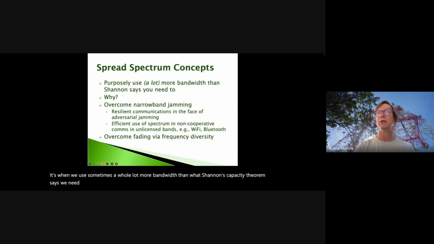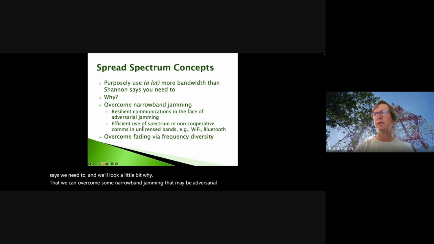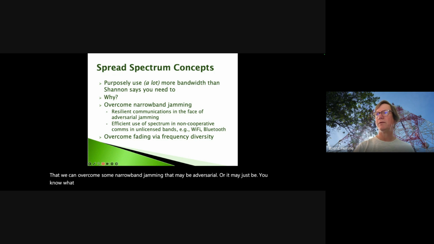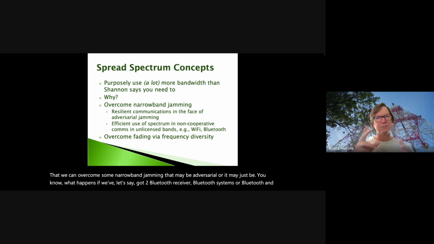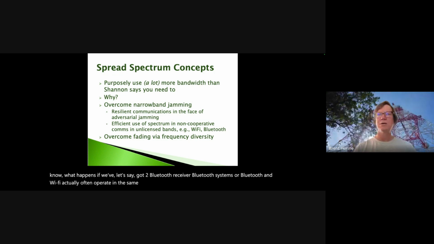And we'll look a little bit at why, that we can overcome some narrowband jamming that may be adversarial, or it may just be, what happens if we've got two Bluetooth systems, or Bluetooth and Wi-Fi, which actually often operate in the same band. And so both use spread spectrum to be able to avoid the interference of these other systems, right?